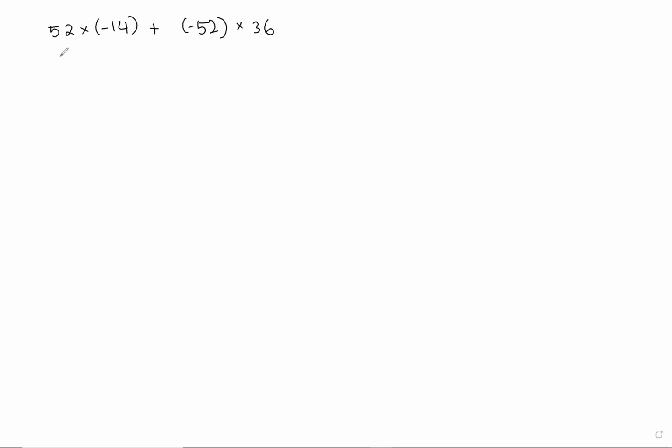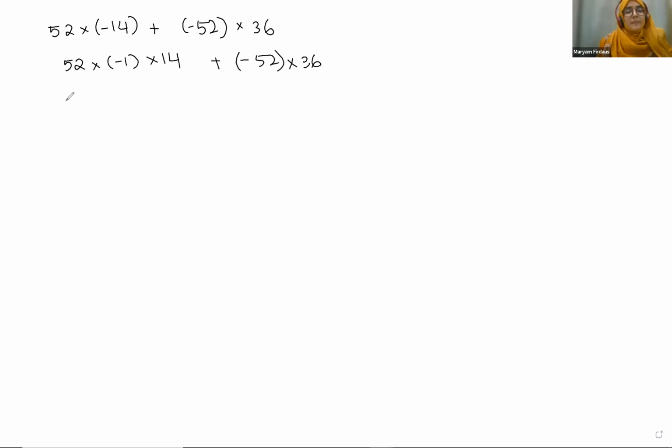First, I wrote 52 multiplied by minus 1 multiplied by 14 plus minus 52 multiplied by 36. And then I removed the 1. Sorry. Then I wrote minus 1 multiplied by 52 multiplied by minus 14 plus minus 52 multiplied by 36.